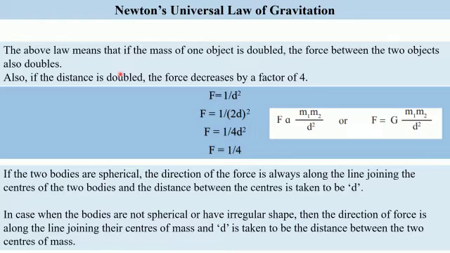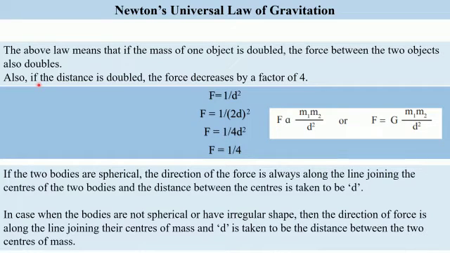As the mass of either object increases, the force of gravitational attraction between them will also increase. If the mass of one of the objects is doubled, then the force of gravity between them will also get doubled. If the mass of one of the objects is tripled, then the force of gravity between them will also get tripled.